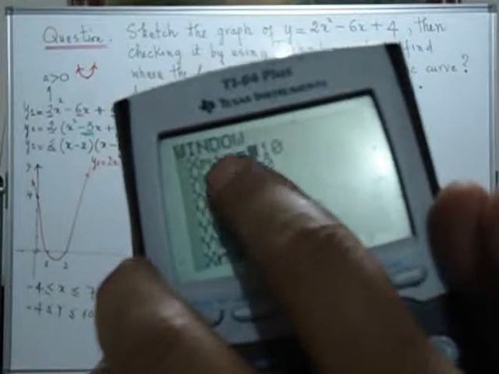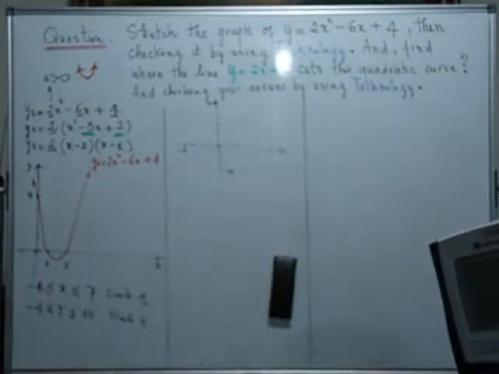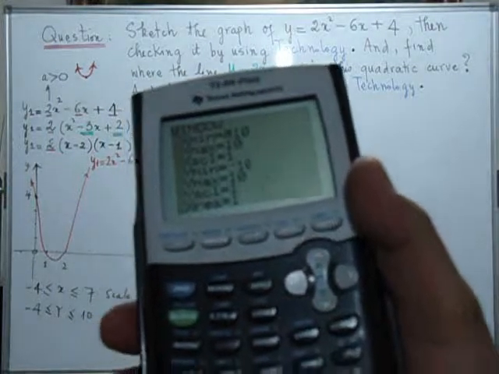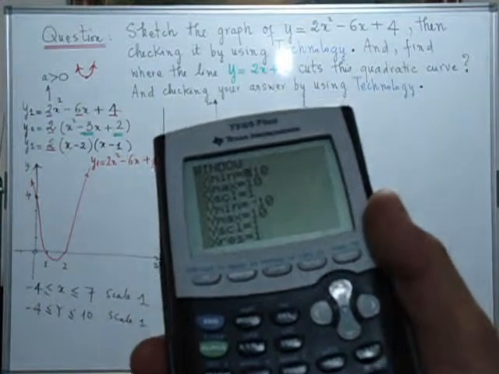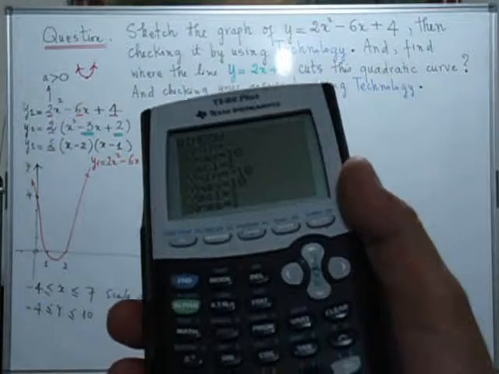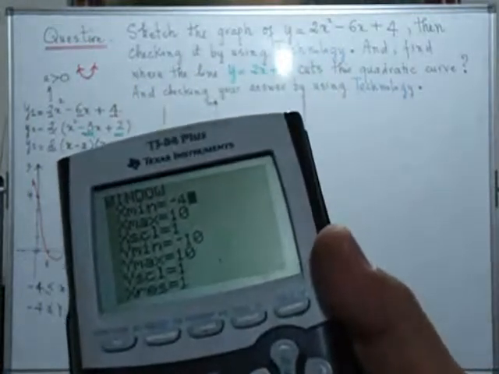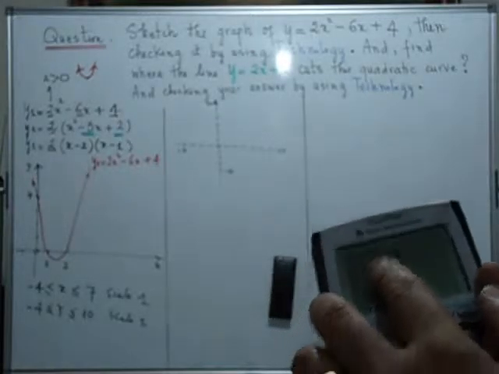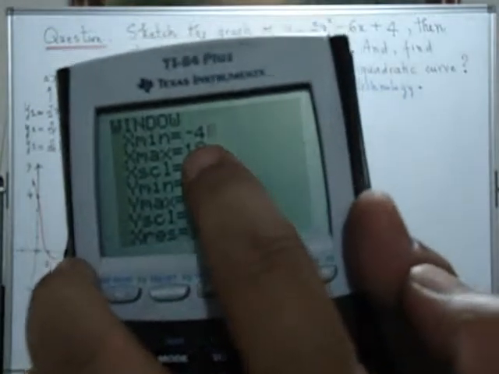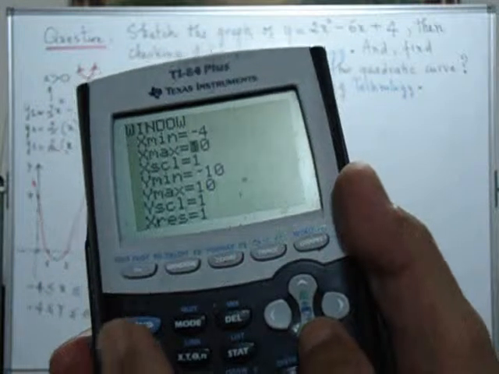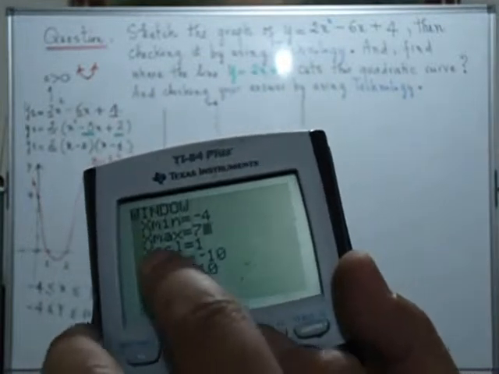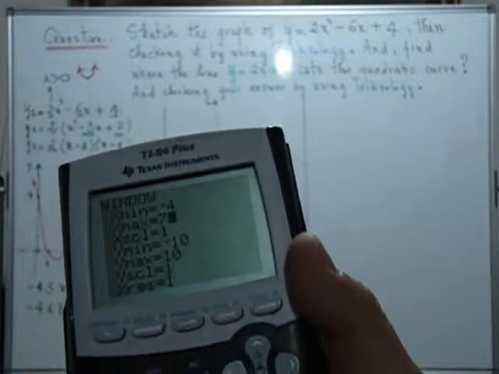X minimum, from the origin going to the left, is minus 4. X maximum we set to 7, and scale 1, we leave it there.